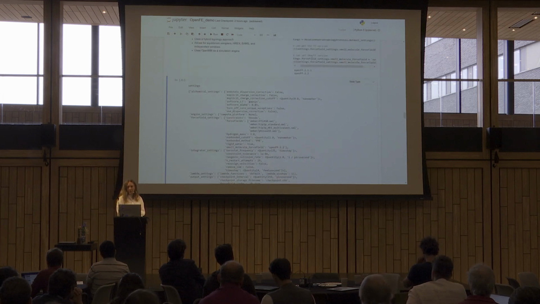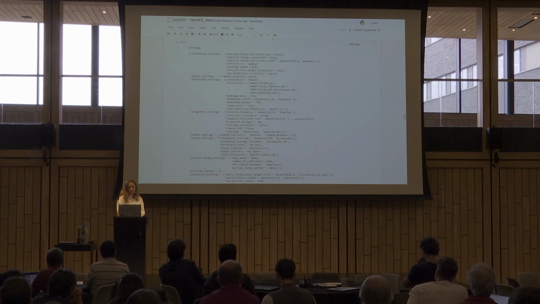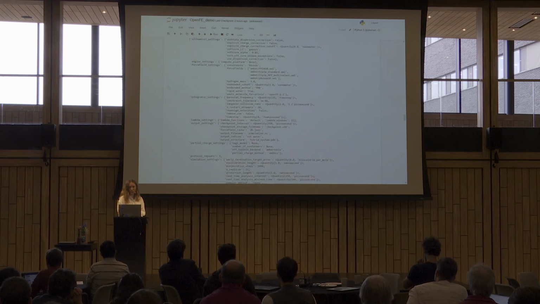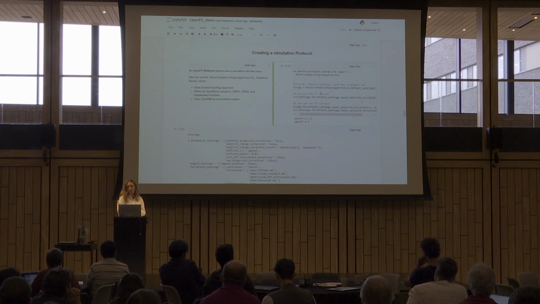So in the example that I showed you previously, we have the force field settings, and then we have subclasses like the small molecule force field, and this is how you adapt the settings away from the defaults. You start off with the defaults, and then you can define your custom settings in this manner.